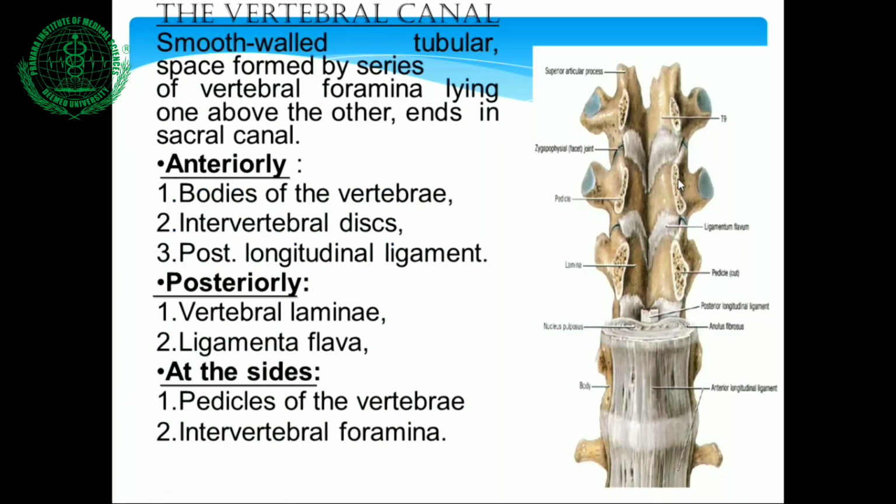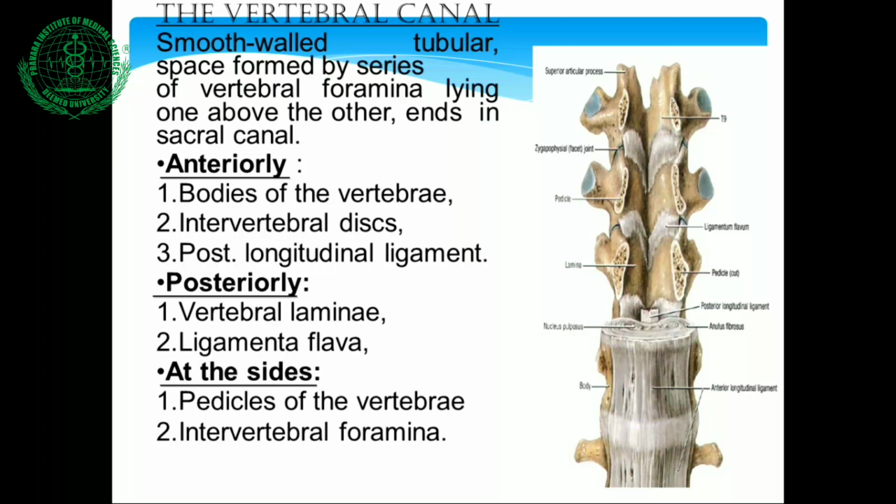Now here all of you can see this is a vertebral canal formed by connecting the different vertebrae in the body. The anterior wall of vertebral canal is formed by bodies of different vertebrae and intervertebral disc or articular disc between the bodies of adjacent vertebrae.